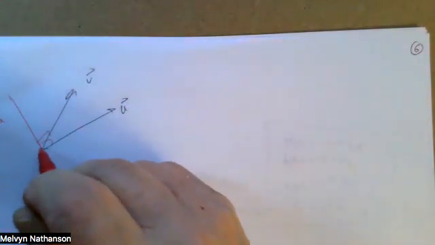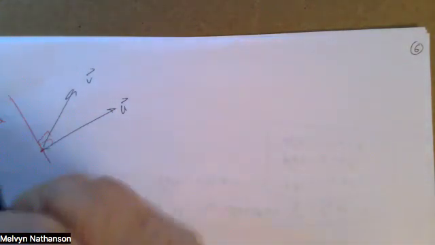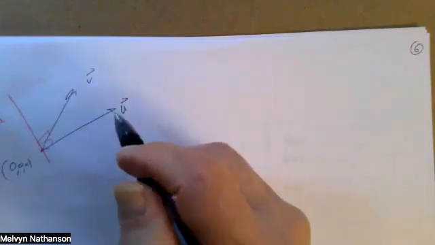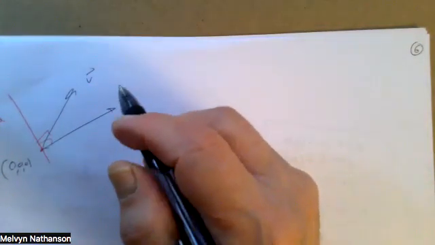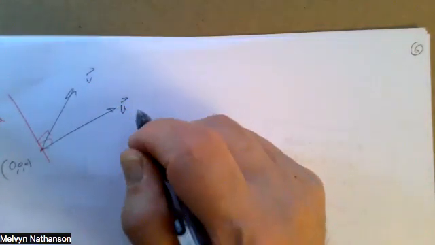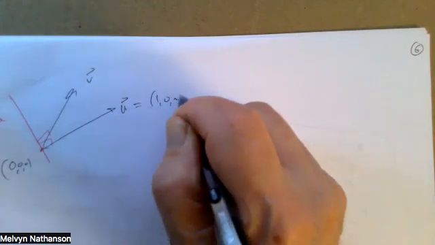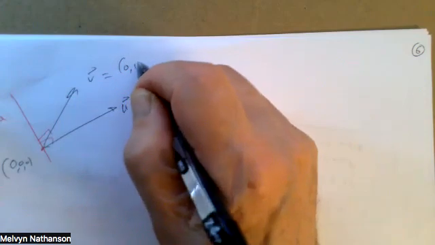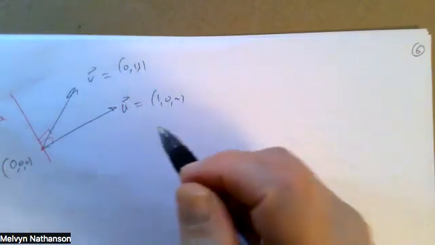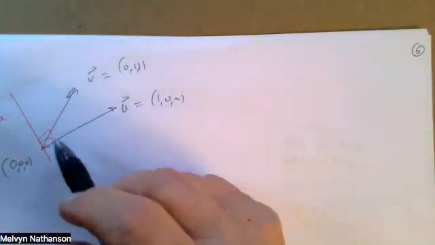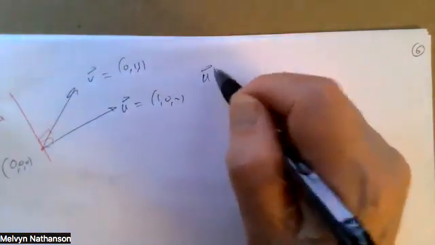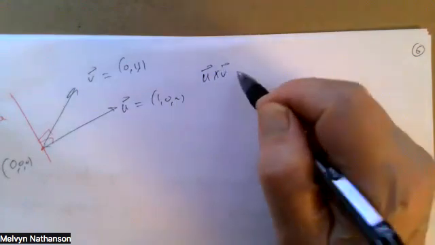So you want the line through this point, which is the origin, 0, 0, 0, perpendicular to u and v. U is 1, 0, 2. V is 0, 1, 1. So how do you find a direction perpendicular to both u and v? Again, you take the cross product.